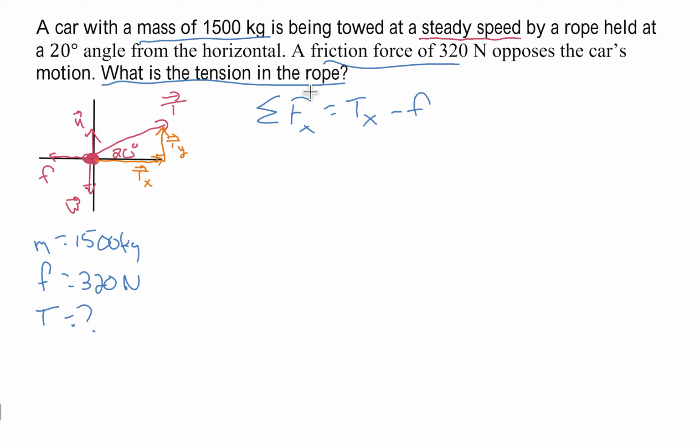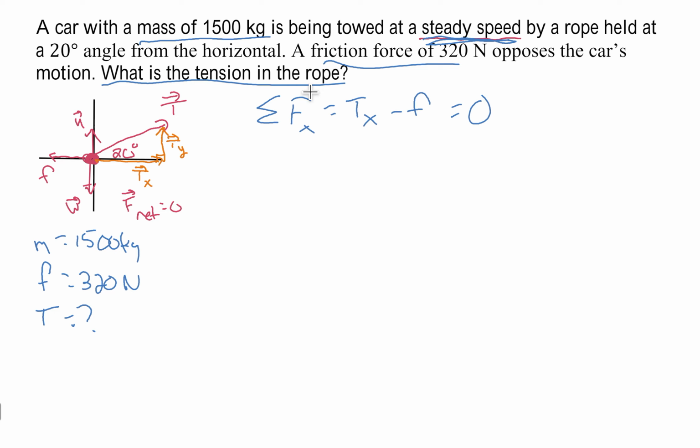We are moving at a steady speed. That means F net, which I should put on my free body diagram, F net equals 0. Okay, so F net equals 0. That means we have no acceleration, which means MA equals 0. So F equals MA. We have F, all of our forces here, equals 0. All right, so that's the sum of the forces in the x direction.